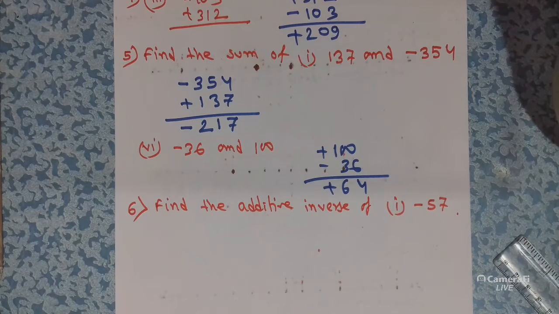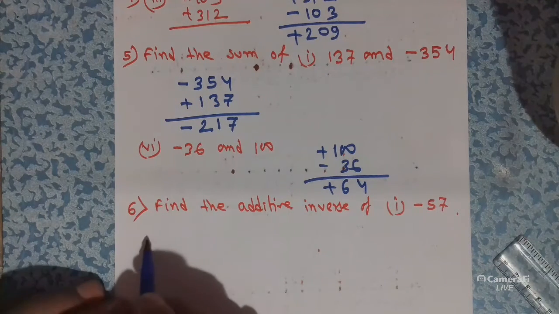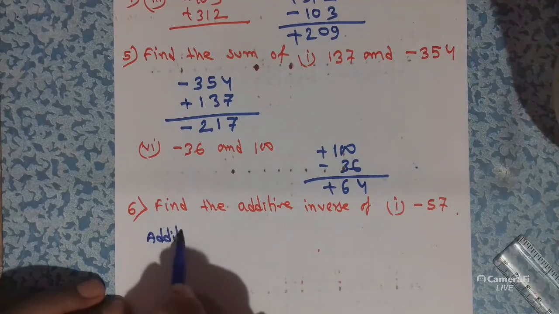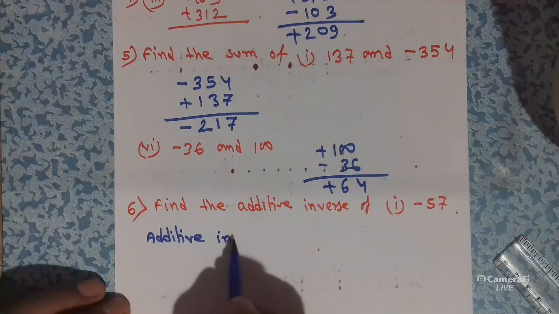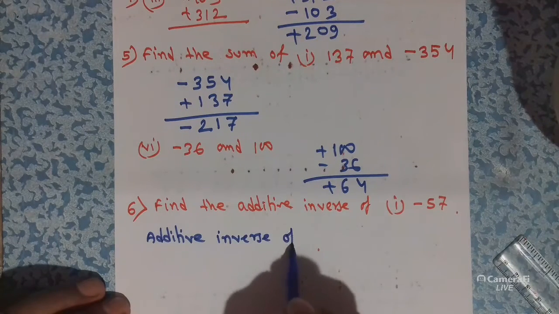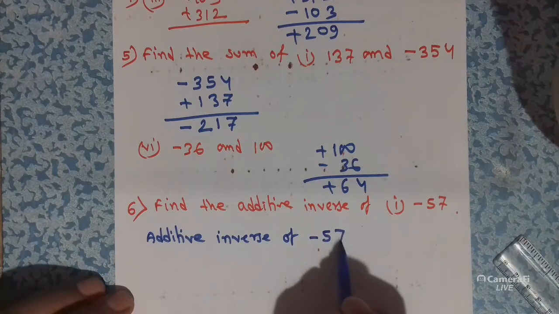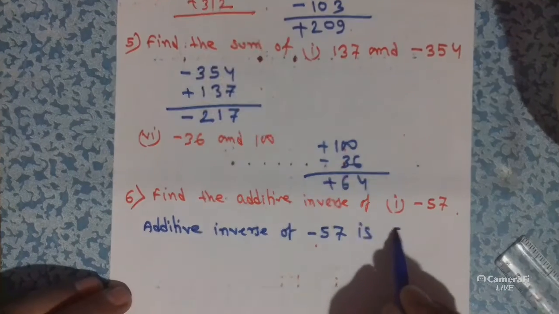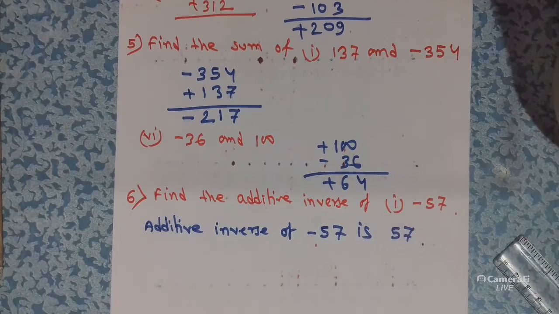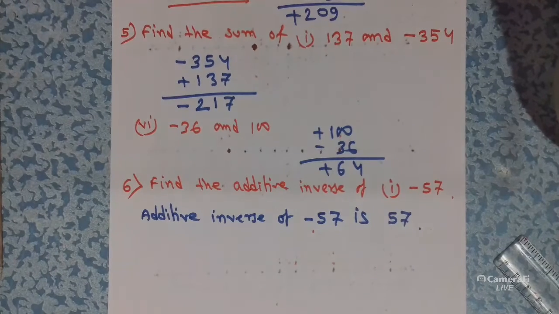So additive inverse of minus 57, we have to write like this: additive inverse of minus 57 is plus 57. Okay, it is very simple. When you have to find the additive inverse, then you have to change the sign only. Clear, students? So it is minus 57, that means its additive inverse is plus 57.